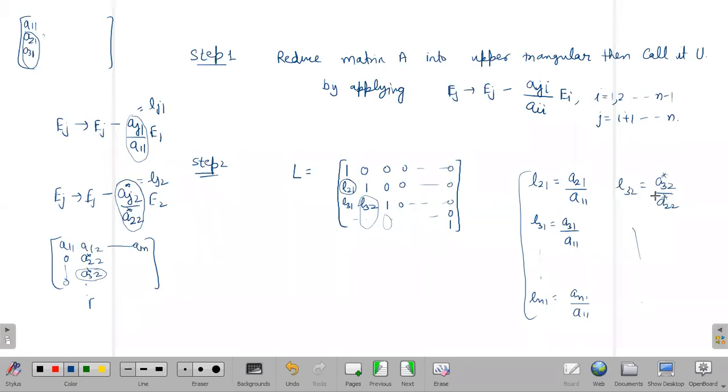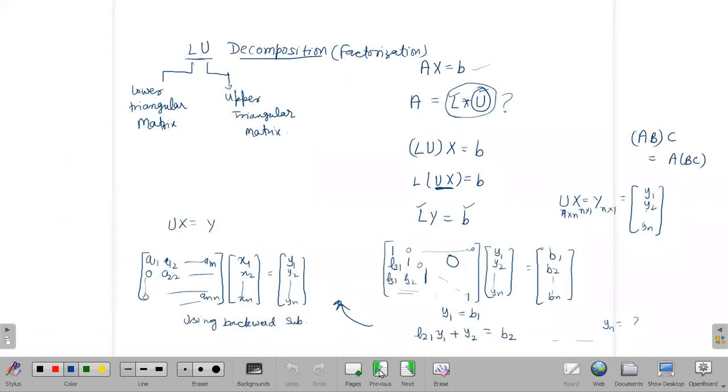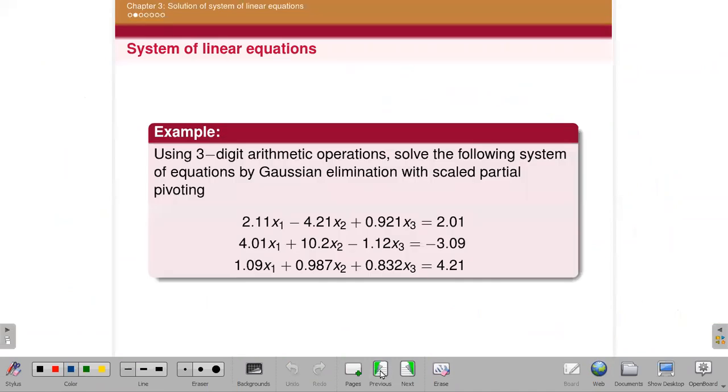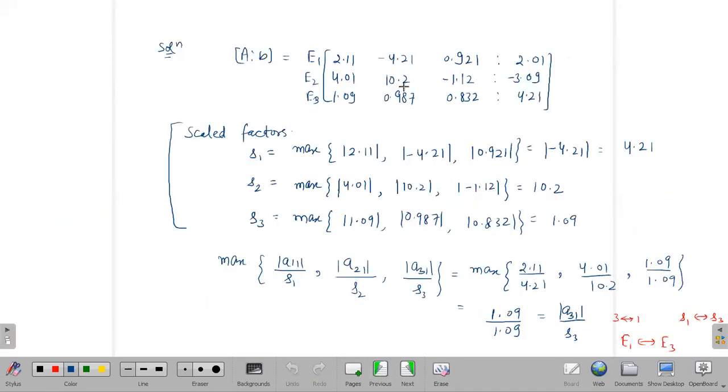So some students just write L32 is equal to A32 by A22 from the given matrix A. But it is not A32, because after the operation maybe rows will be interchanged and the numbers will change.